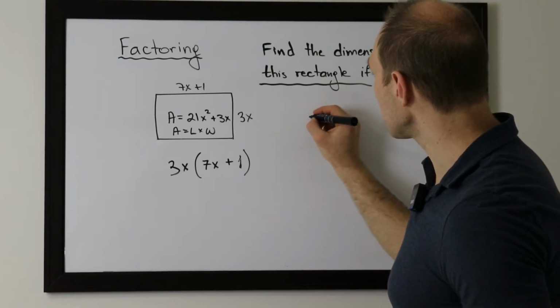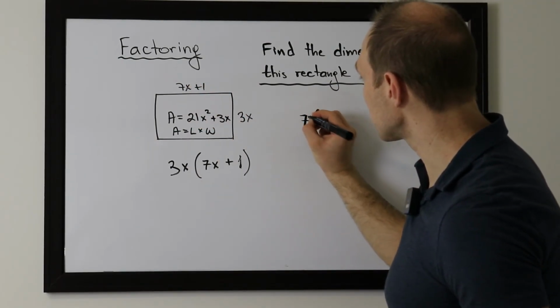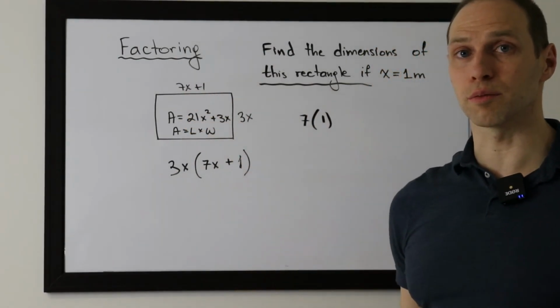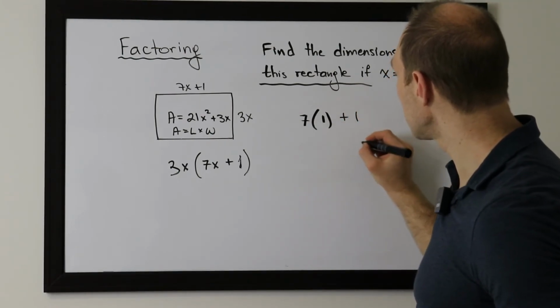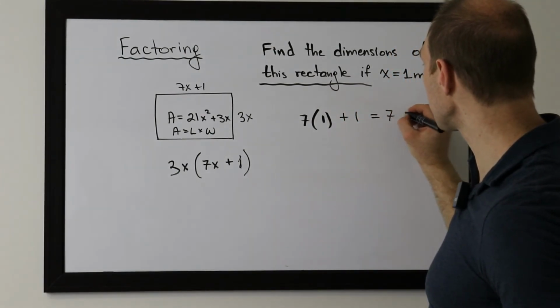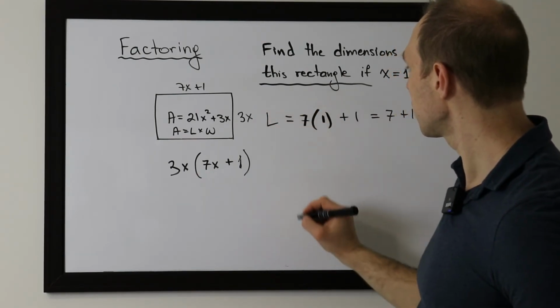So we'll plug in the numbers. For length, we're going to say 7 times 1, because the sign between 7 and x is multiplication. So 7 times 1 plus 1 will give us 7 plus 1, which is 8. So this is our length.